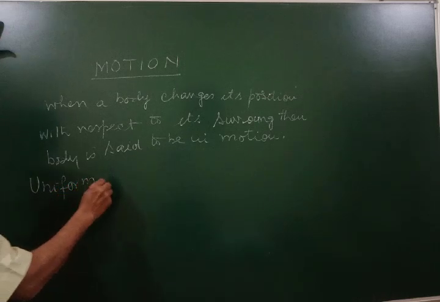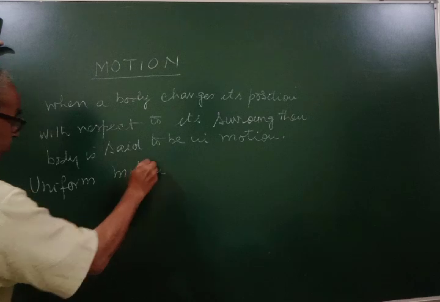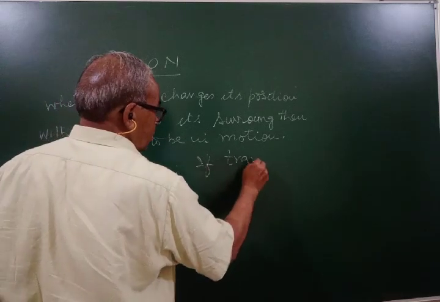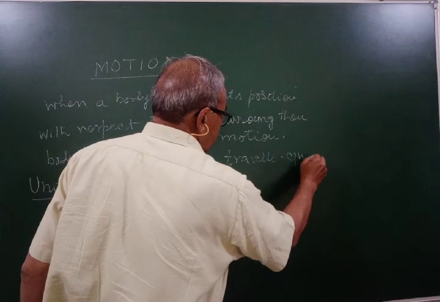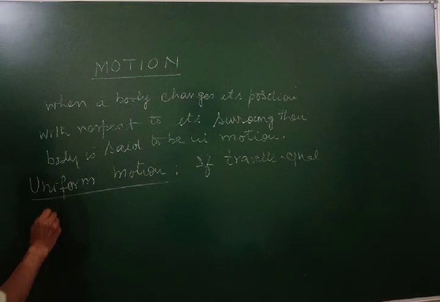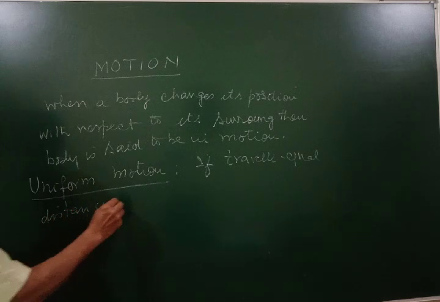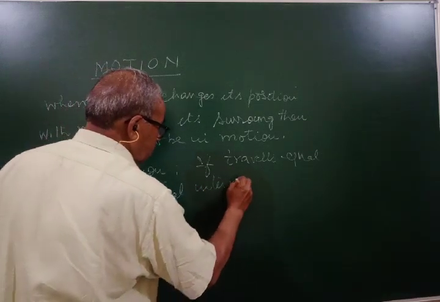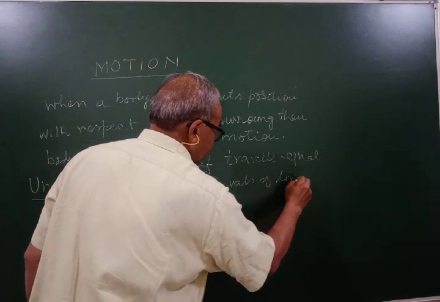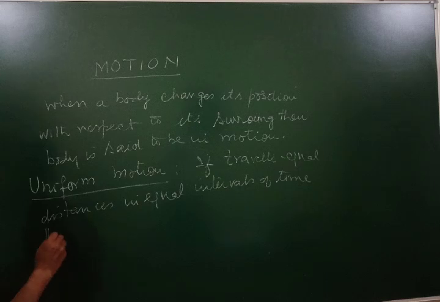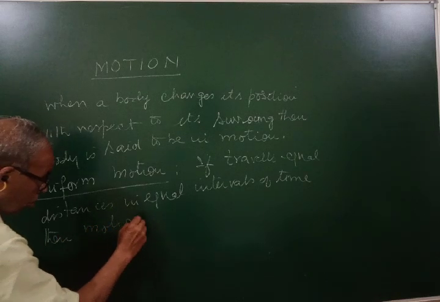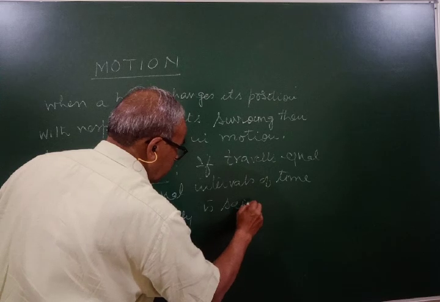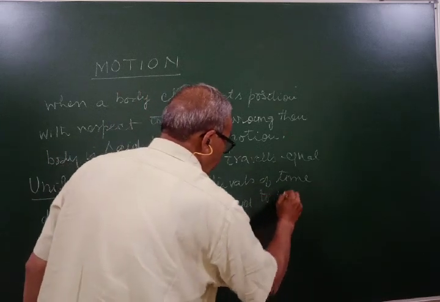Uniform motion: if a body travels equal distances in equal intervals of time, then the motion of the body is said to be uniform.